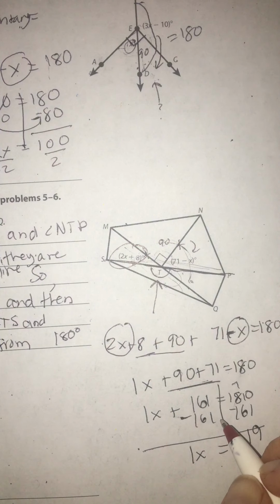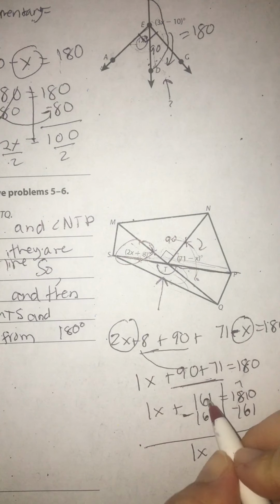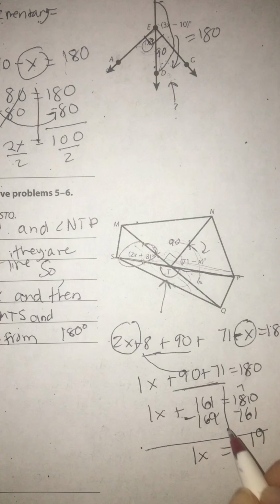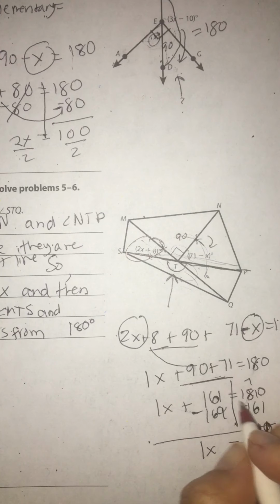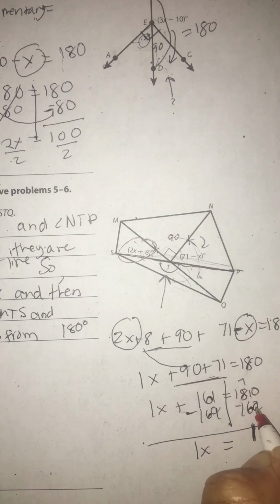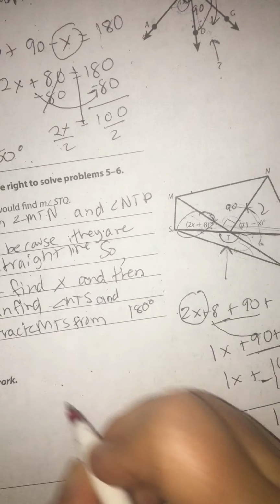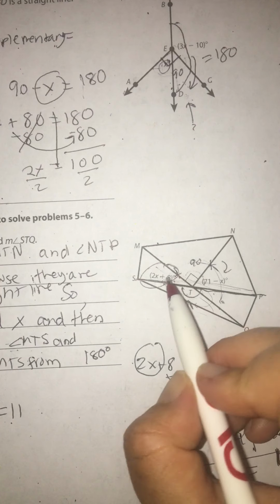So how I'm showing my work is that I first found x. I forgot my 8, so it was 169, which means I take away the 169 from 180, so x equals 11. Okay, so if x equals 11, the second part I said, once I find x, then I can find MTS.